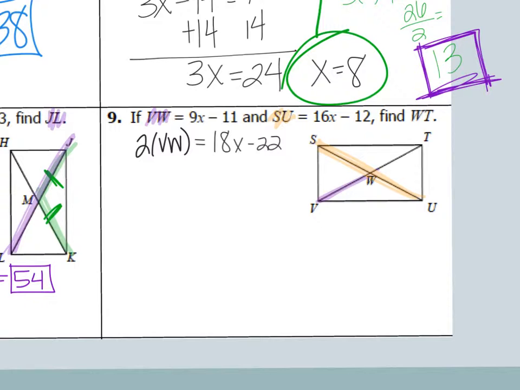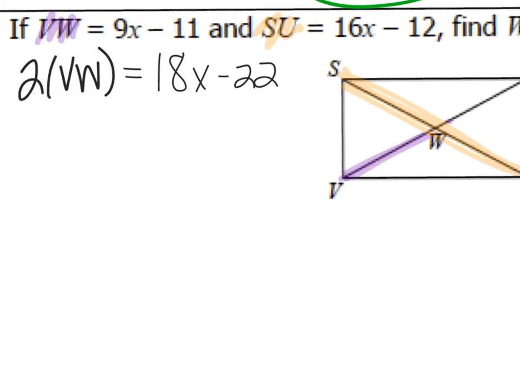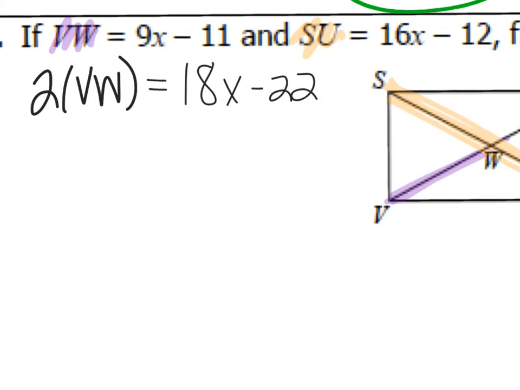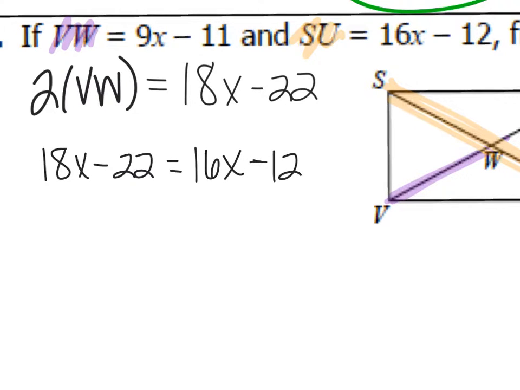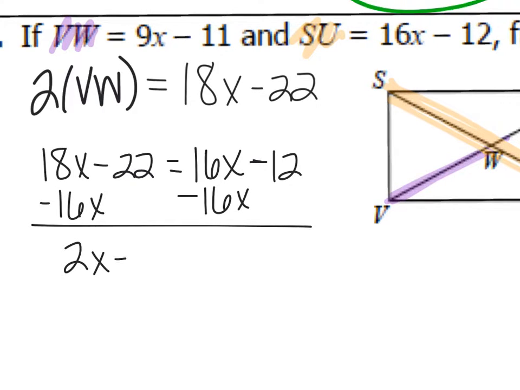Okay, so again, diagonals of a rectangle are congruent to each other. So I'm going to set these both equal to each other. So 18x minus 22 equals 16x minus 12. So I'm going to subtract 16x from both sides. I get 2x minus 22 equals negative 12.